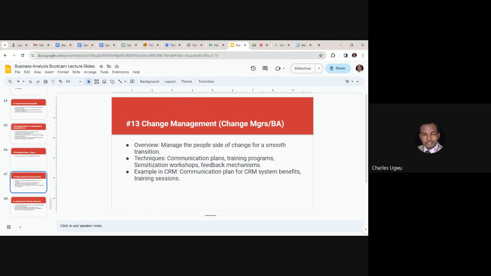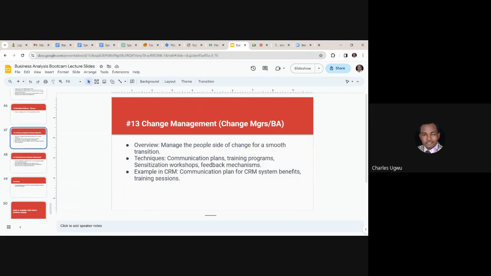So many of them will not want to see that change because they don't want to move away from their comfort zone. You need to gather feedback from them, and from the feedback, you continue to develop more strategy to respond to their need. So in CRM, we develop a communication plan for CRM system benefits and training sessions. This is how you do this here.